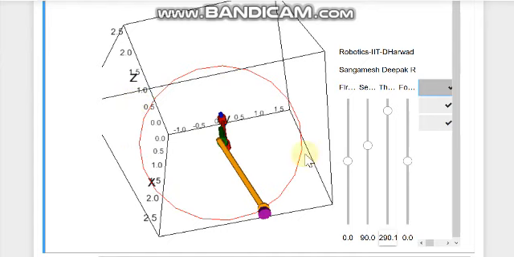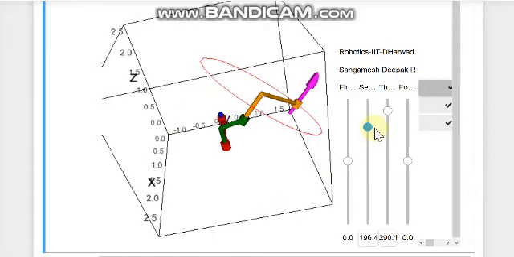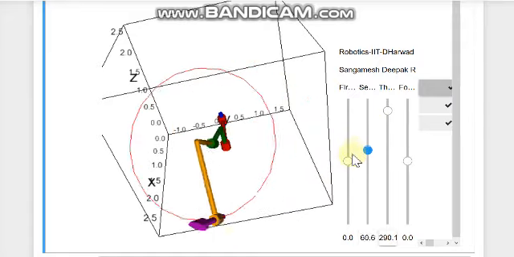I will call this as theta 1, theta 2 constant arc. Now the position and orientation of this arc would depend on theta 1 and theta 2. For example, if I change theta 2, the curve's position and orientation also would change.